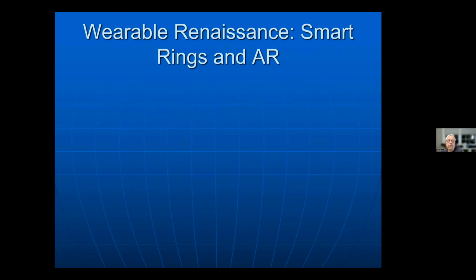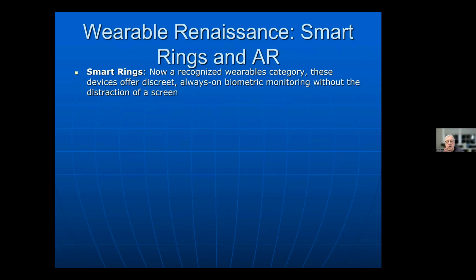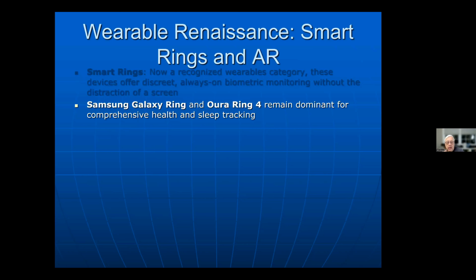In terms of wearables, you're seeing a lot of smart rings, now recognized as a category in and of itself, where you've got always available, continuous monitoring where you don't really need a screen. You have rings from Samsung and Oura, and they're pretty dominant in this industry for health and sleep tracking.